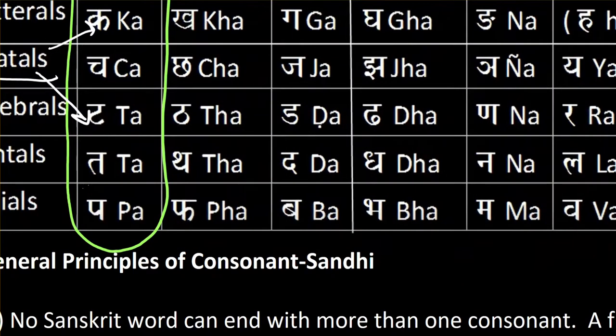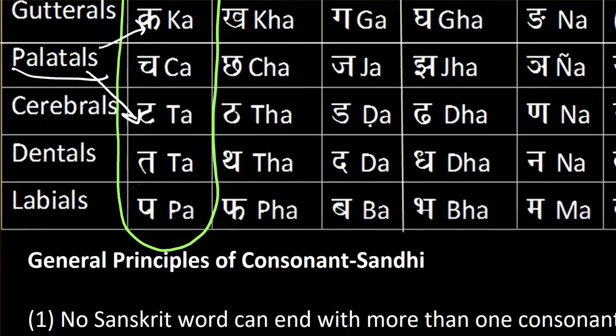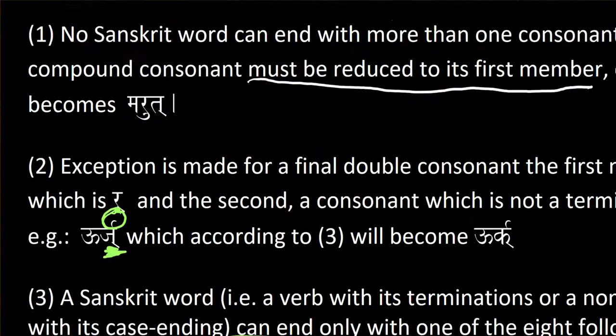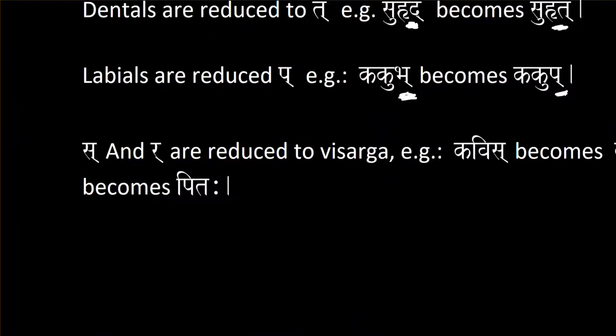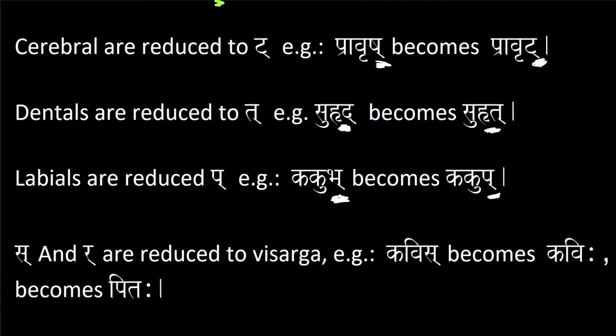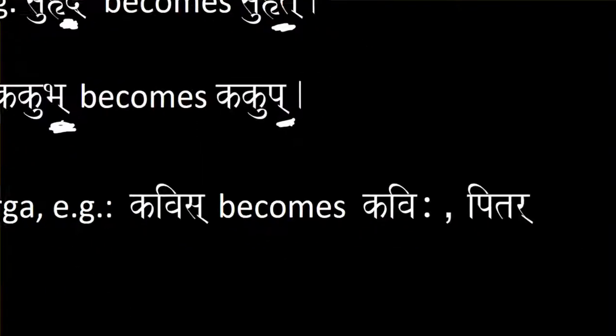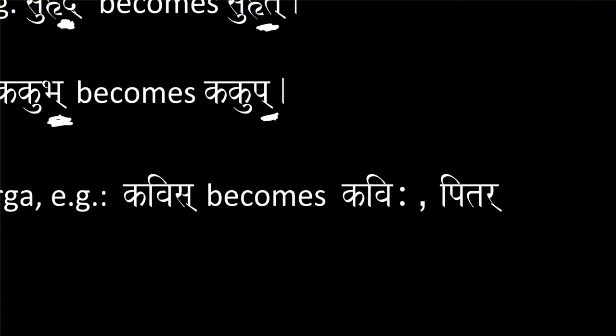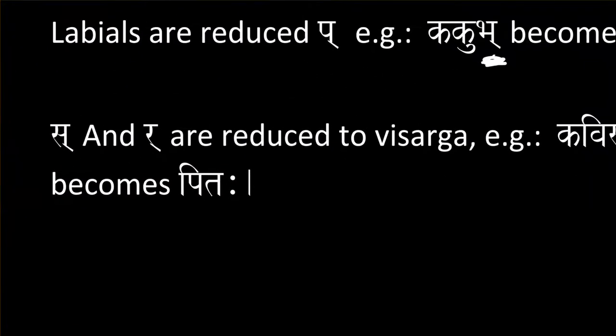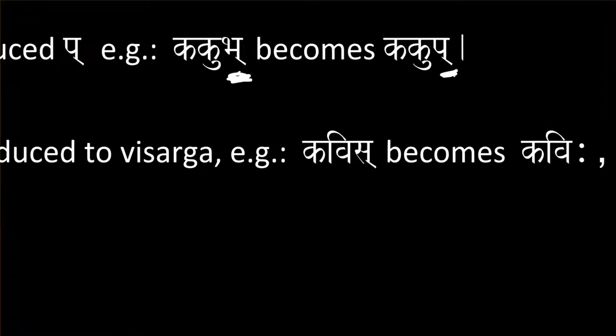Any of these would get reduced to pa, the first member again. Finally, we have the sibilants: sa and ra are reduced to the visarga. We learned about this consonant rule already. So kavis becomes kavih, and pitar becomes pitah. Sa and ra are reduced to visarga when they come at the end.